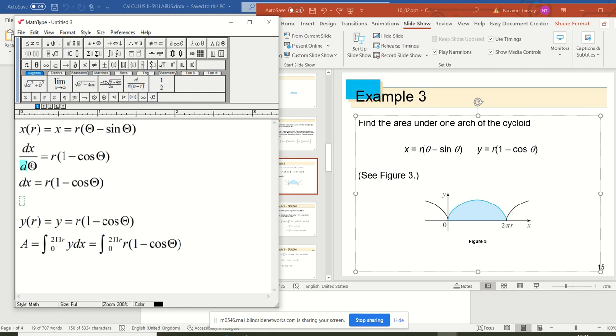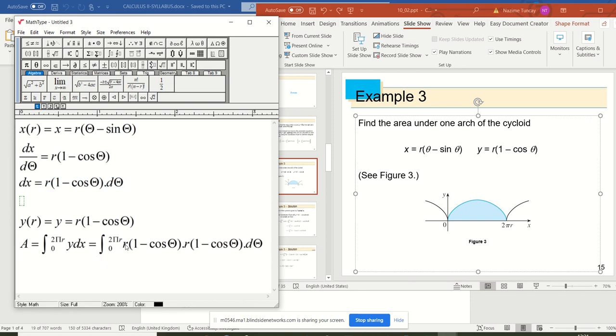Copy this also. So this is dx. Instead of the dx here, I have to write all this here.